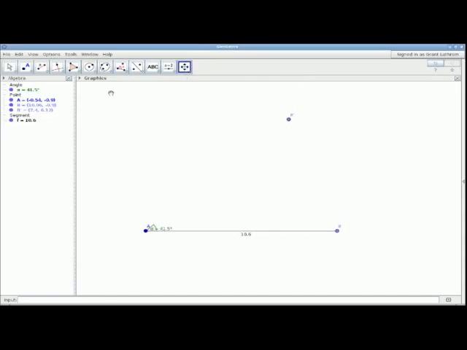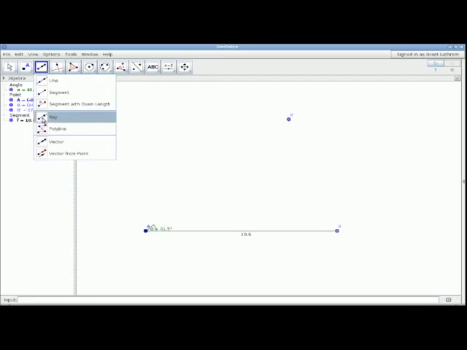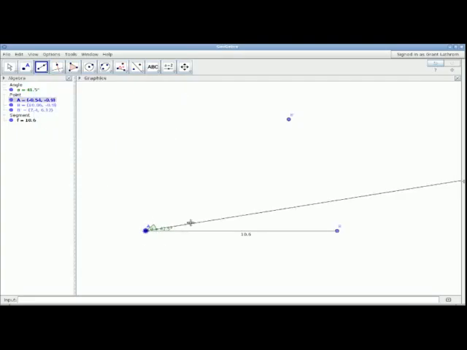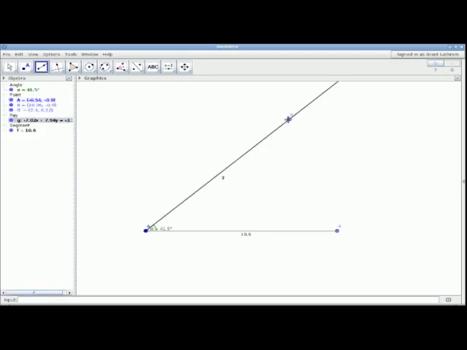So now we'll draw the ray between point A and B prime. Okay. So I don't need that value, and I don't need to see B prime. Okay. So now I've got a line segment of length 10.6.